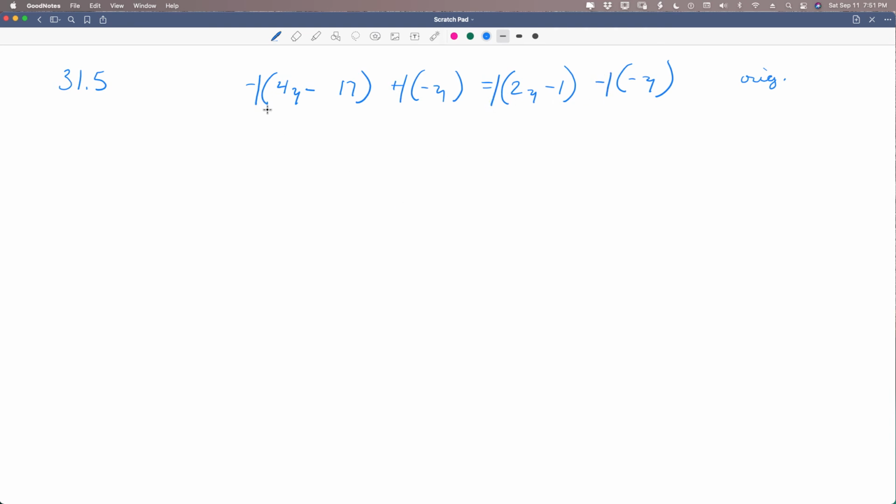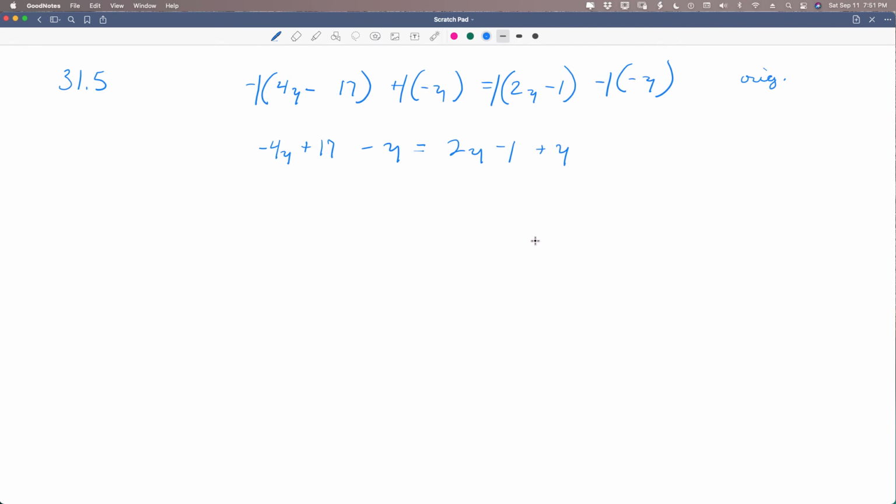All right. So now negative 1 times this is negative 4y. Negative 1 times this is positive 17. Positive 1, that doesn't change it at all. This doesn't change. This does change. Negative times negative is a positive.